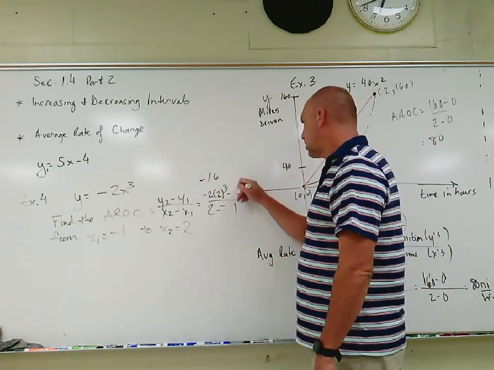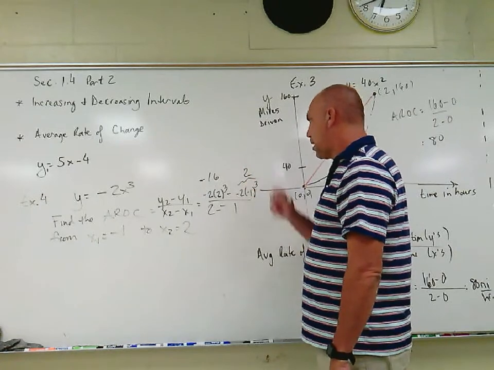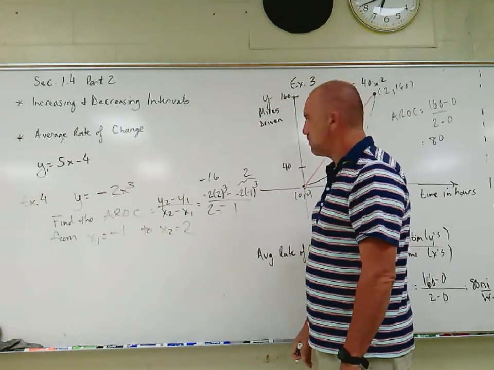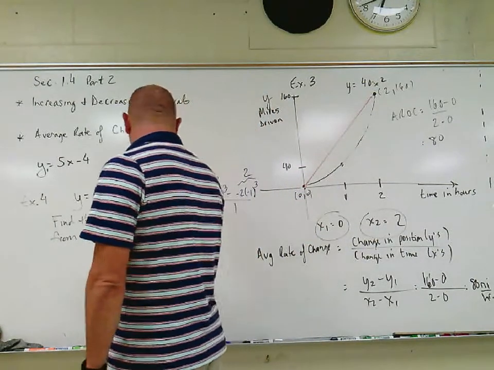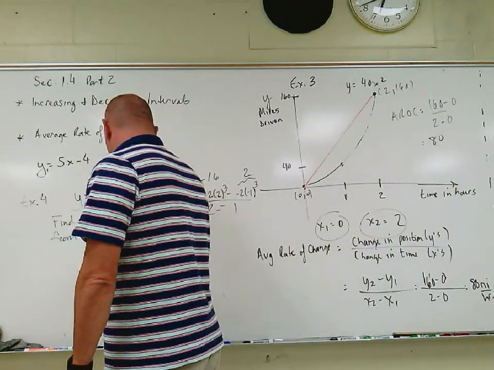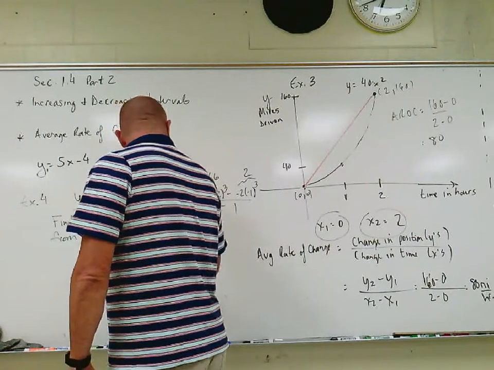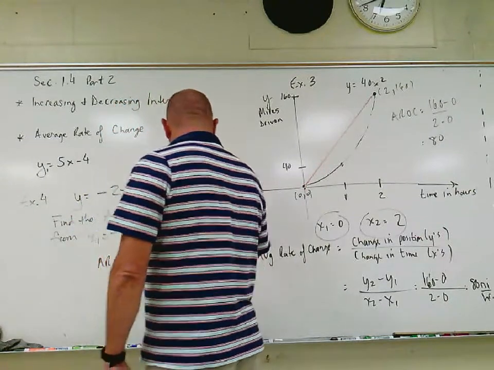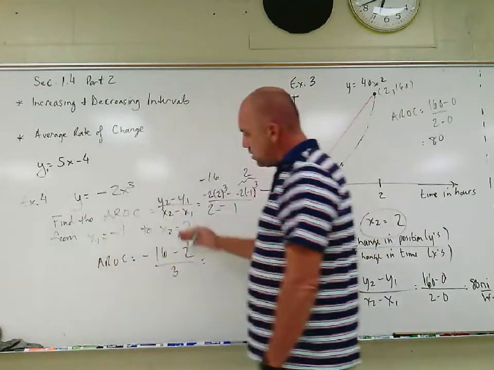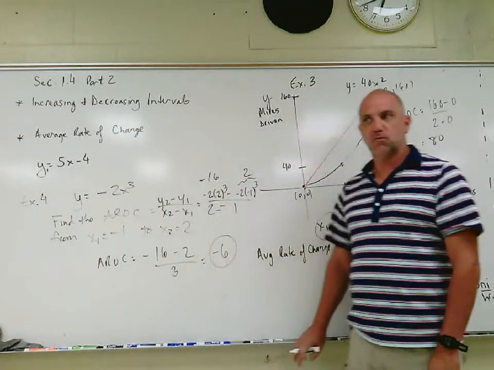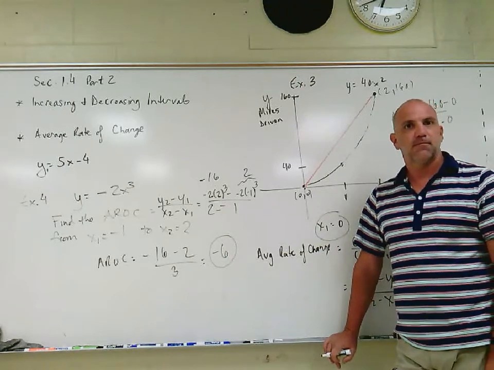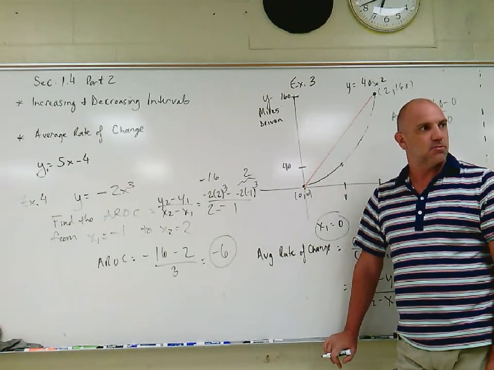And it looks like over here, your y1 is 2, okay? So when you plug in, what is our answer? We should get our average rate of change is -16 minus 2 over 3. -18 over 3 is -6, and that should be your answer. Okay? That's how you do average rate of change.